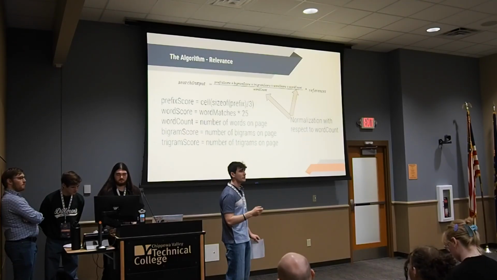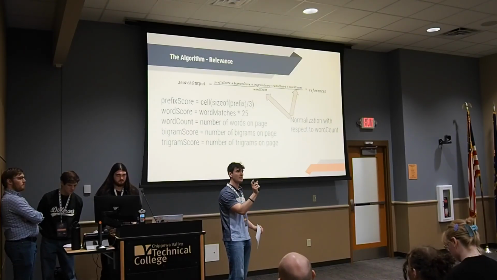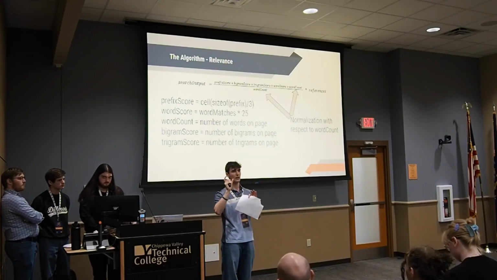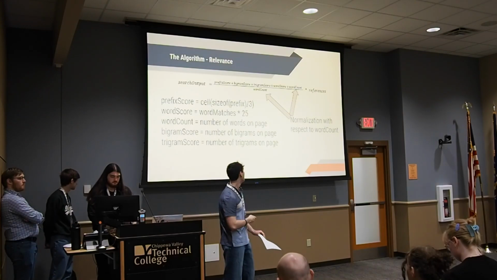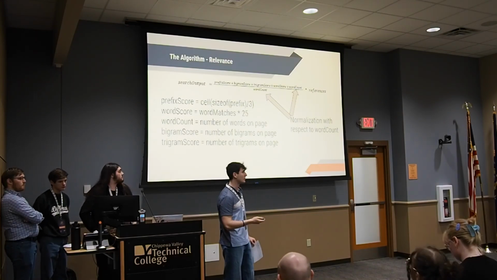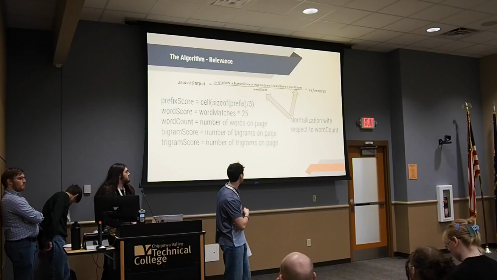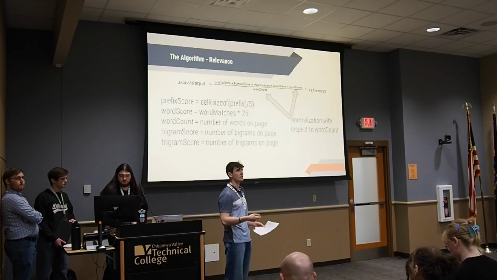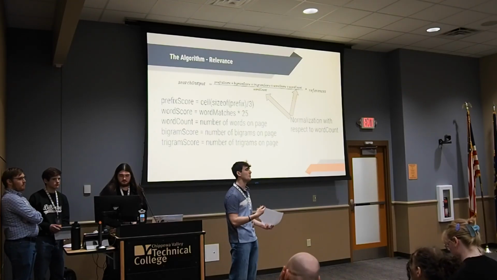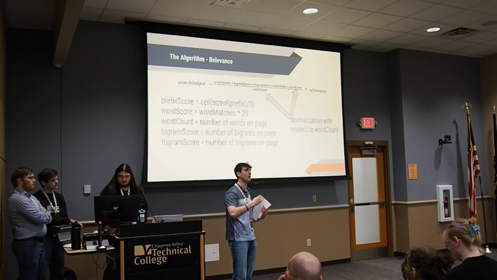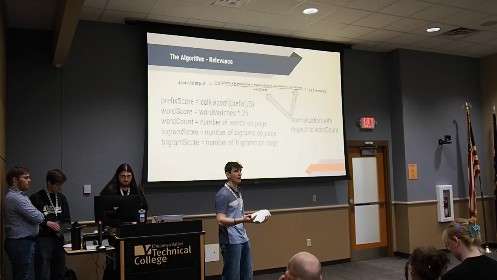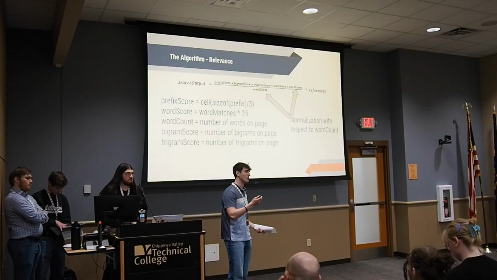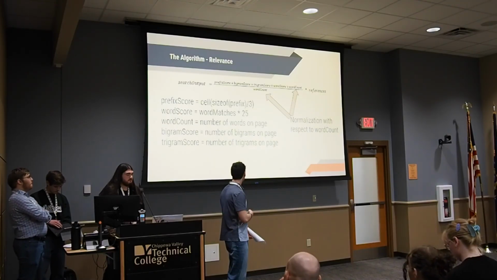The word score is how many times a word is matched from the search query to a URL. And then we normalize this value with respect to word count, which minimizes how important the size of the web page is, because that honestly shouldn't matter too much for whether or not it's relevant.